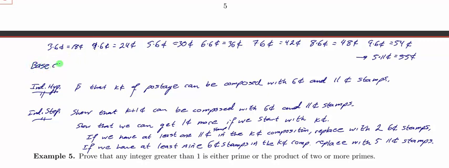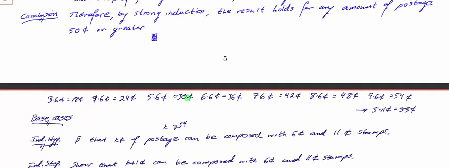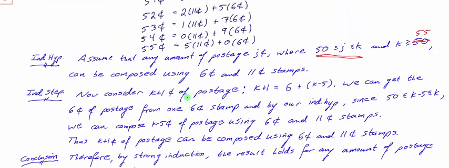So here I still need multiple base cases, and we would still need to show that with our K-cents of postage, we would need that to be greater than or equal to, let's say 54, if we're looking back at our previous base cases, we could work that out.